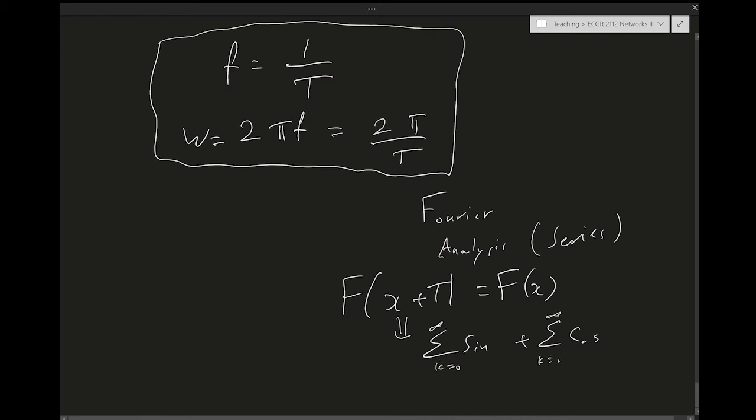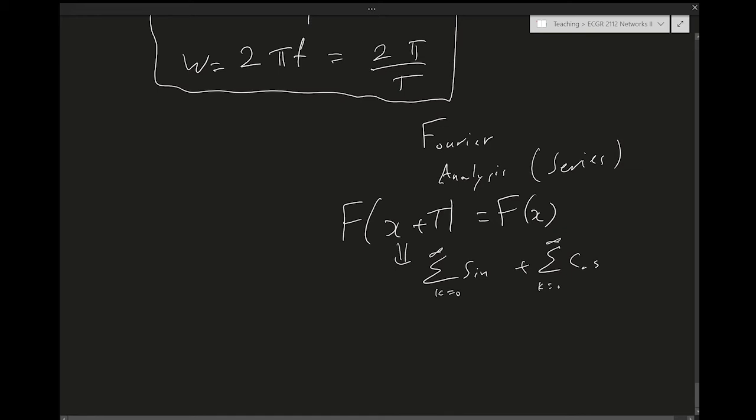Fourier analysis tells us that we can express any general periodic signal by an infinite sum of sines and cosines. So in many ways, sinusoids are the most basic periodic function. They're very simple. They just represent rotations on the unit circle. You keep rotating on the unit circle, and the sine is the projection on the y-axis, and the cosine is the projection on the x-axis.